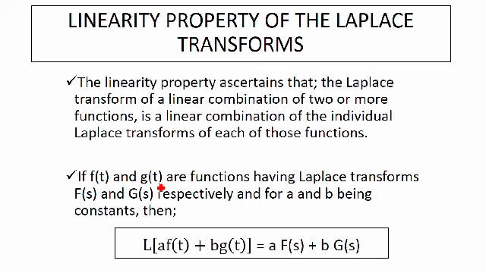It can be demonstrated here below that if we have a function f of t and another function g of t, which have Laplace transforms capital F of s and capital G of s respectively, and a and b are constants, then the Laplace transform of a times f of t plus b times g of t is equal to a times the Laplace transform of f of t plus b times the Laplace transform of g of t.